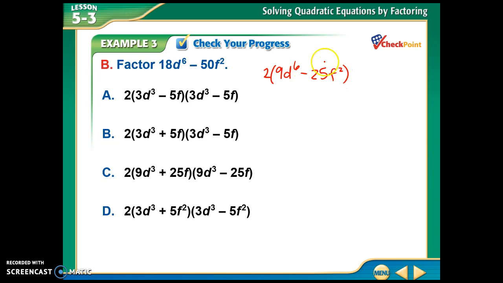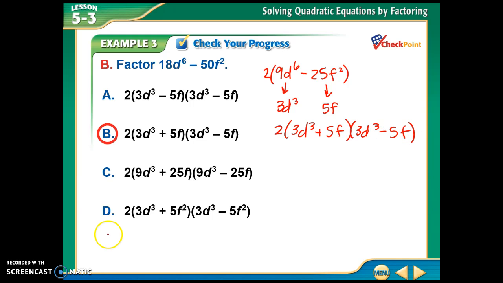My exponents are even, 9 and 25 are perfect squares, and I've got subtraction. The square root of 9d to the 6th is 3d cubed, and of 25f squared is 5f. So then I just write my pattern. Don't forget your GCF comes down with it. And that one is B.